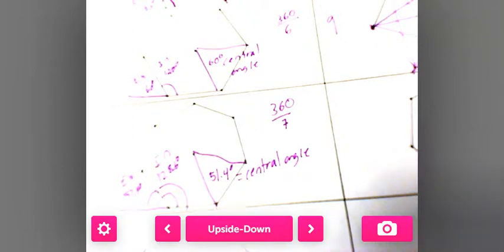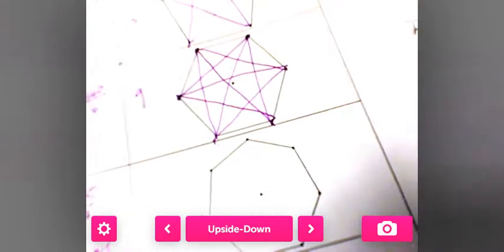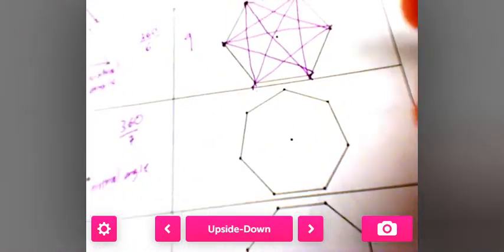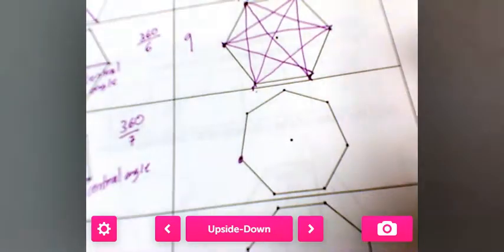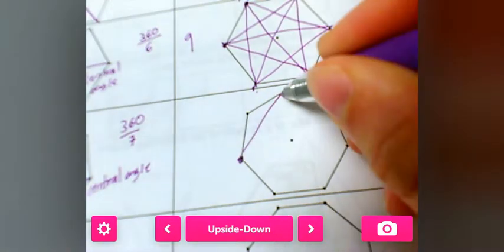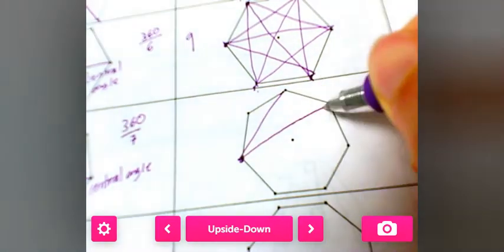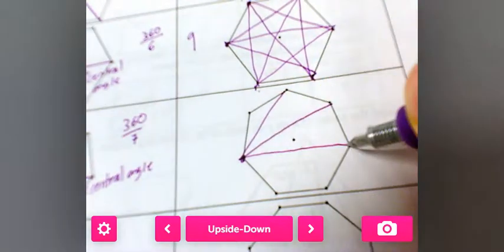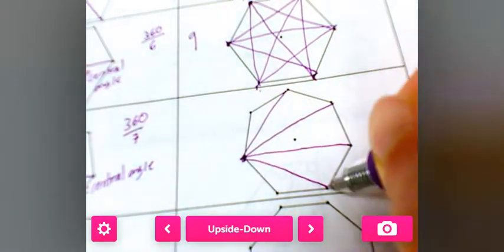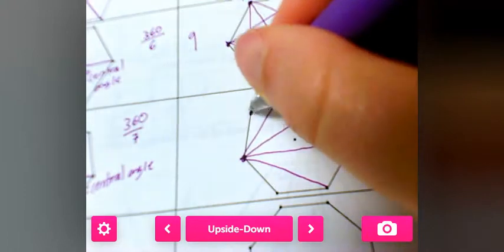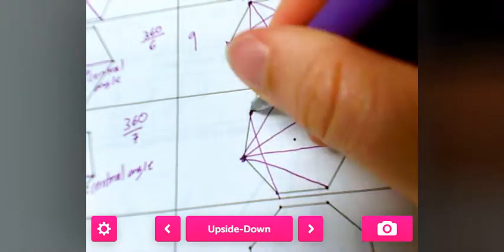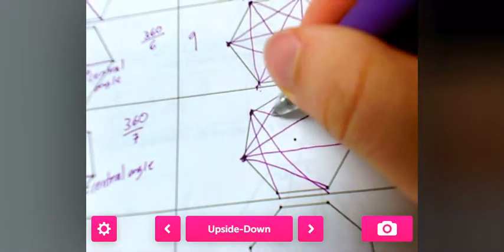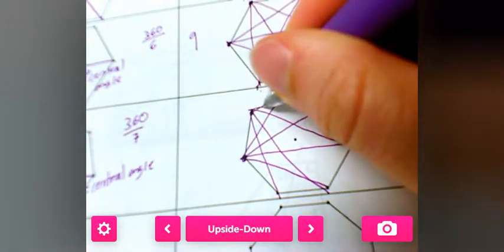The first one we had 2, and then we have 5, and then we have 9. So let's count them as we go. I'm going to start with this one right here. Okay, so I've got 1, 2, 3, 4. Go to the next diagonal, up. 5, 6, 7, 8.